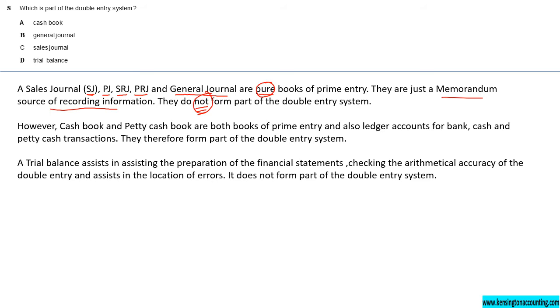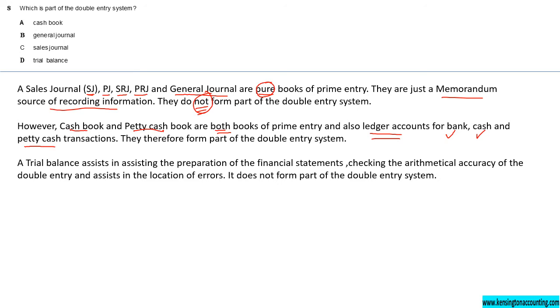However, the other two books of prime entry, that is the cash book and petty cash book, have a dual role. They are both books of prime entry and also ledger accounts. The cash book is the ledger account for bank and cash, whereas the petty cash book is a ledger account for petty cash transactions.